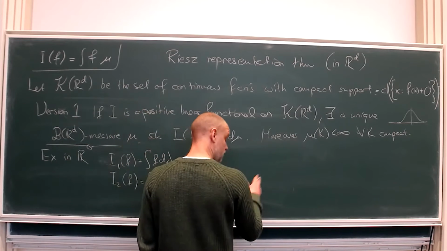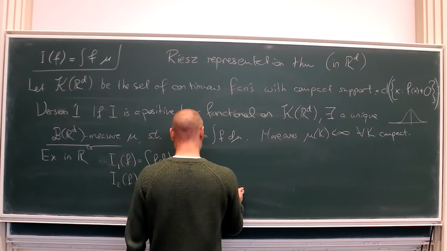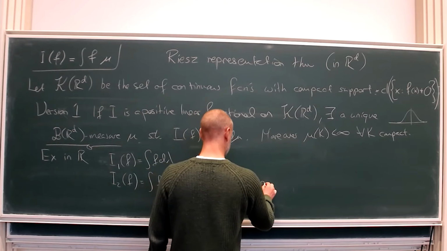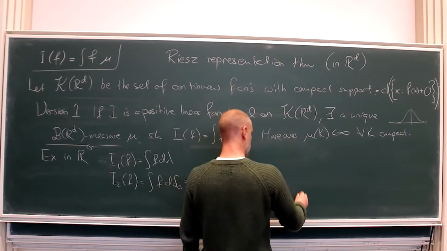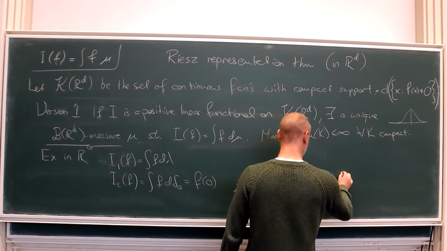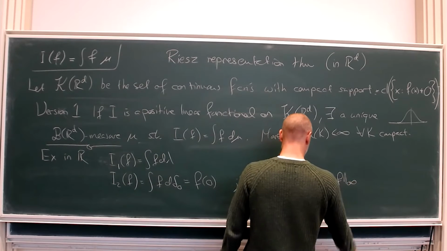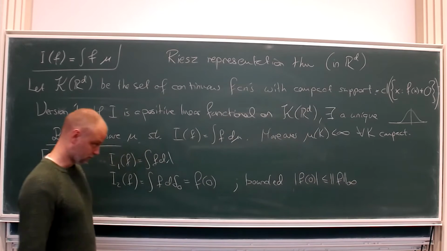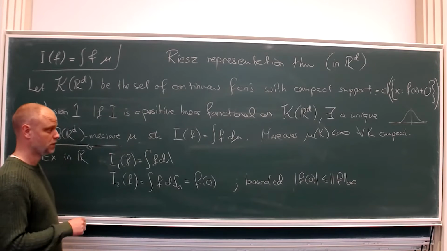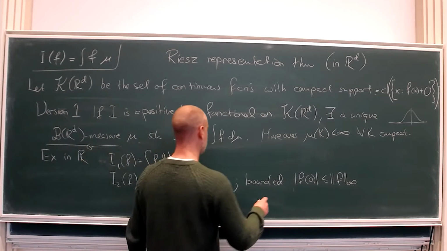These are equivalent for linear functionals. So this one is bounded, because clearly the value at 0 is less than or equal to the maximum value of the modulus. Here we do not have that. And how do we see that?